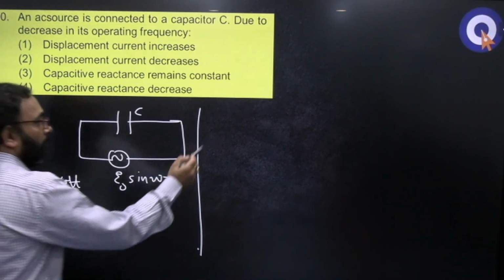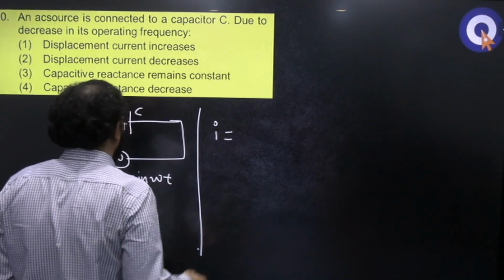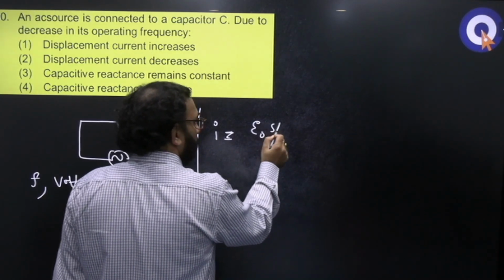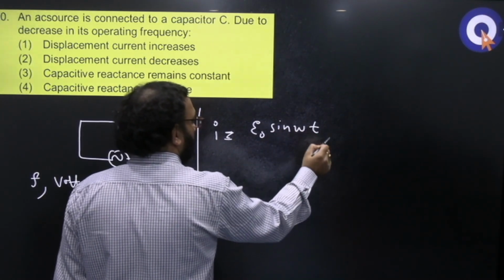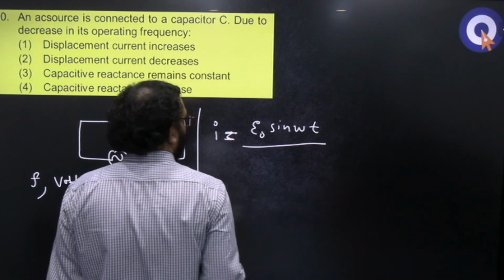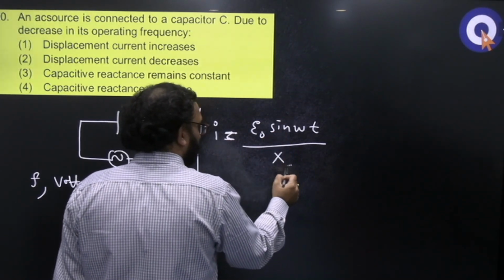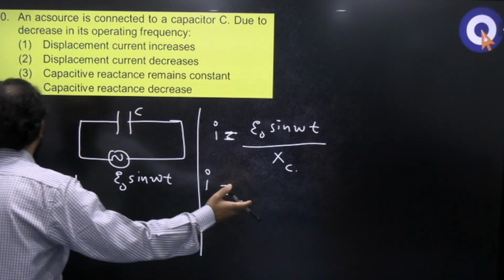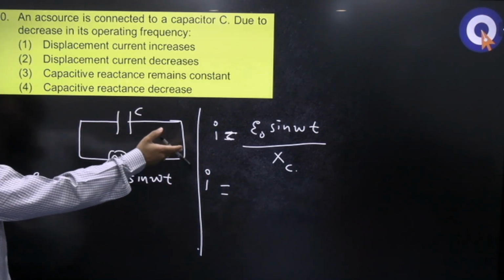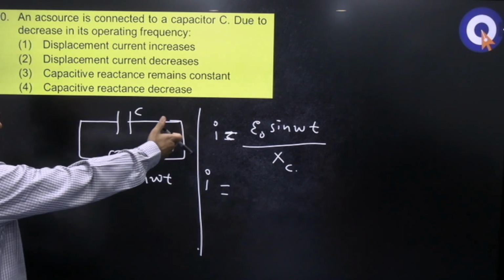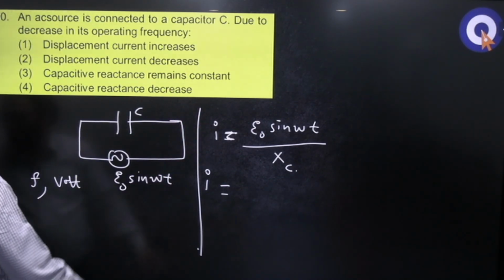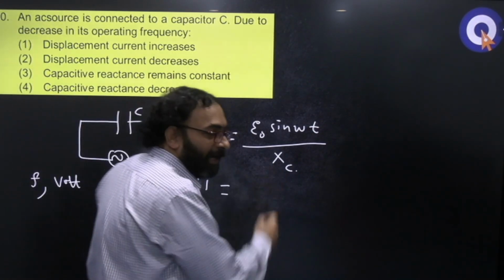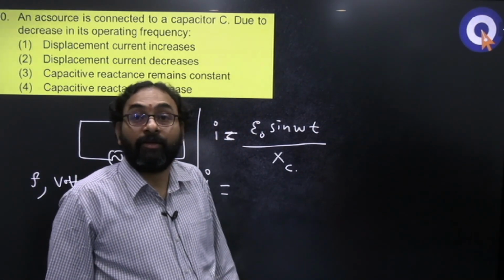So here we are writing I is equal to E by R, that is Ohm's law. I is equal to V by R, so E naught sin omega t by R. What does XC stand for? XC is capacitive reactance.